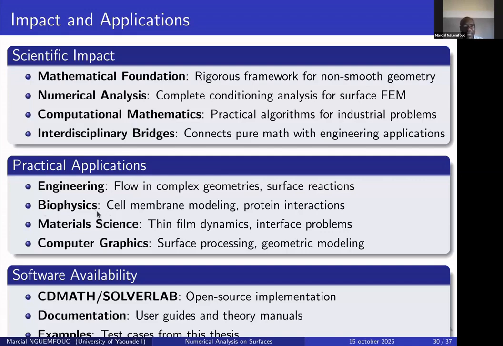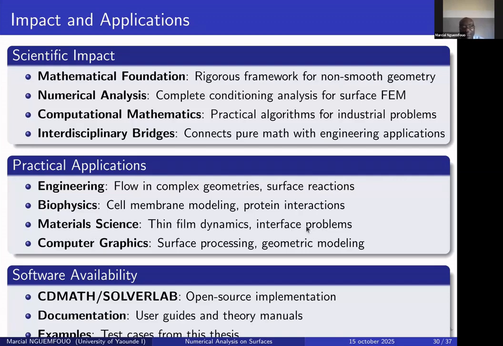In biophysics, cell membrane modeling and protein interaction can be modeled with a PDE on a surface. And here, the domain is open with a large number of extensions. In material science, interface problems.